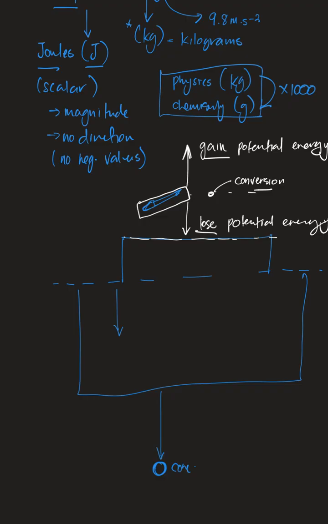Like I said, I could use my classroom floor as a frame of reference. If I'm dropping it, it's going to lose potential energy. Let's say for example this is at a height of 1 meter, and when it falls, it's falling with a gravitational acceleration of 9.8 meters per second.